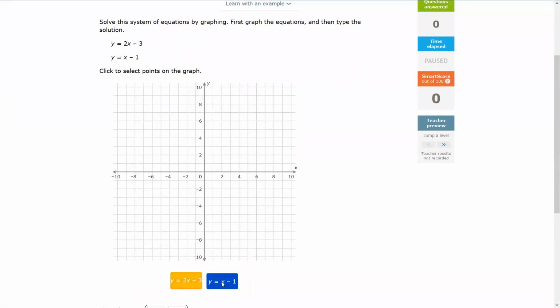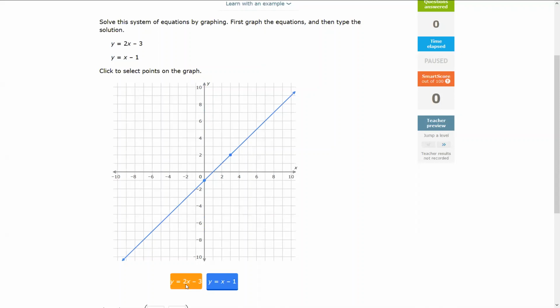So let's say I'm doing the y equals x minus 1. y equals x minus 1 would be a slope of 1, and then a y-intercept of -1. So y-intercept's at -1. And then my slope is 1, or 1 over 1. So that means rise 1, run 1. Rise 1, run 1. Okay, so it would look like that.